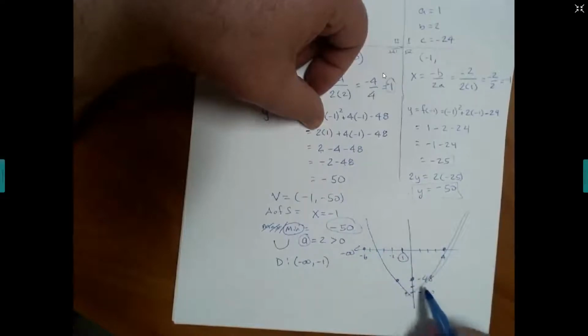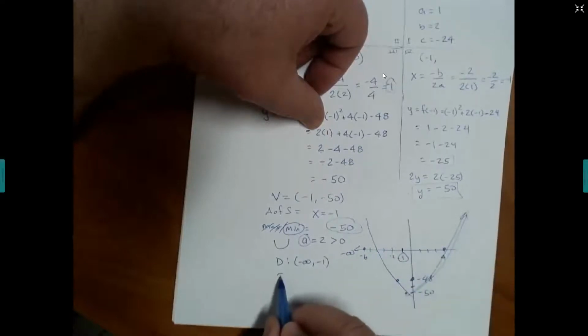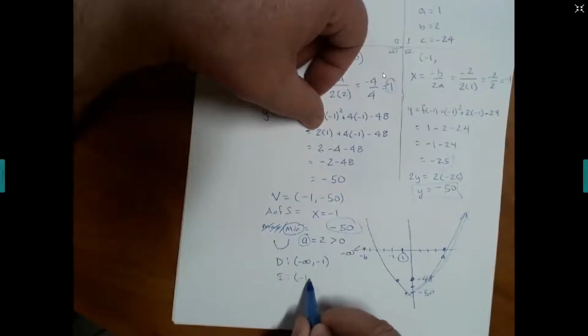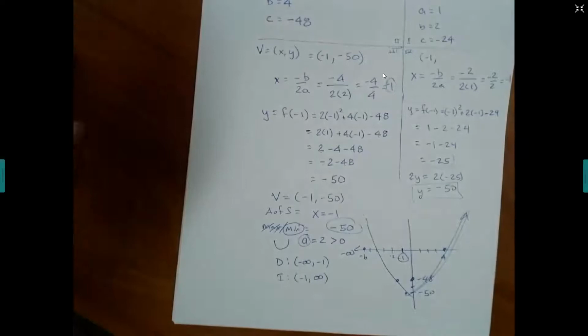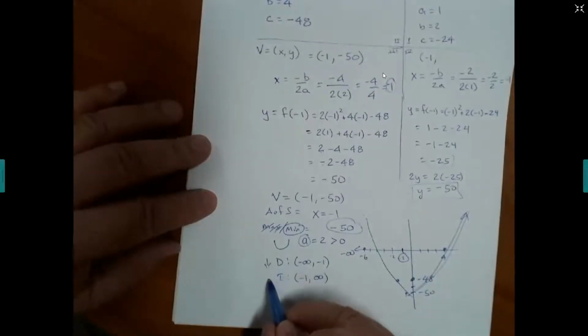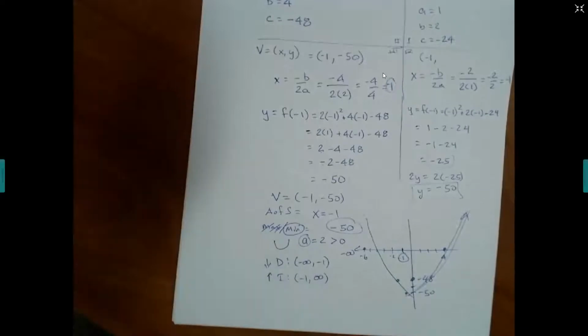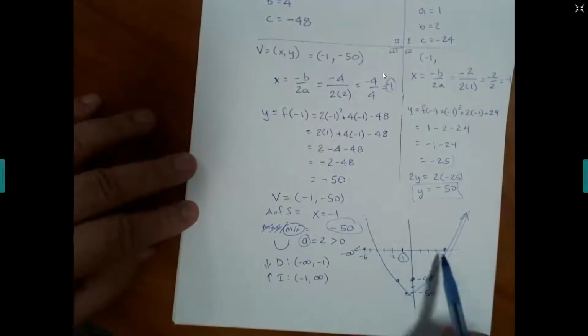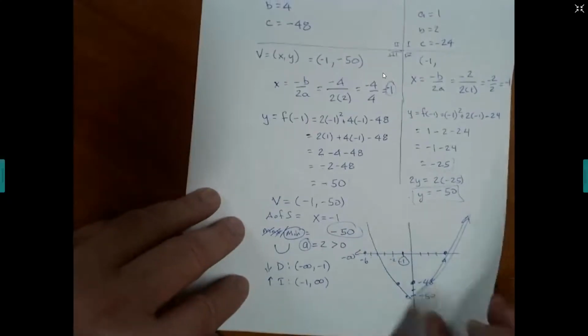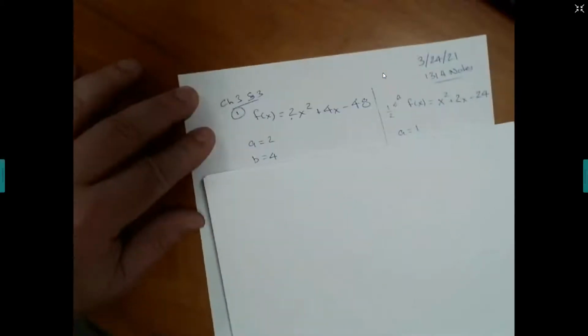Then at -1, it starts going up, so from -1 to +infinity it's increasing. This is where it goes down, and this is where it goes back up. All right, so look at where we find the x-intercepts. Let's go get the x-intercepts.